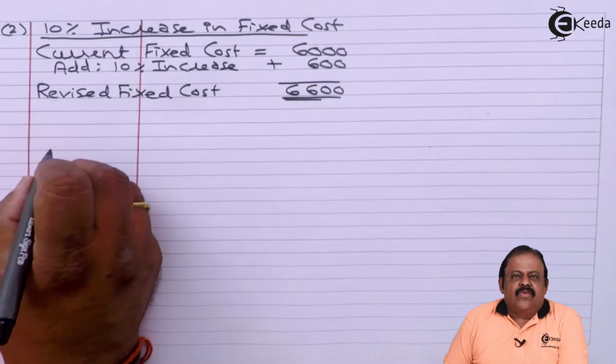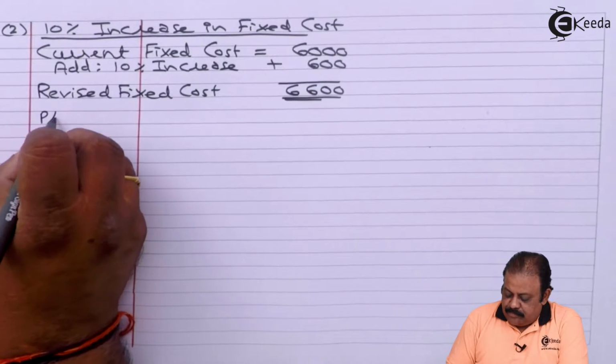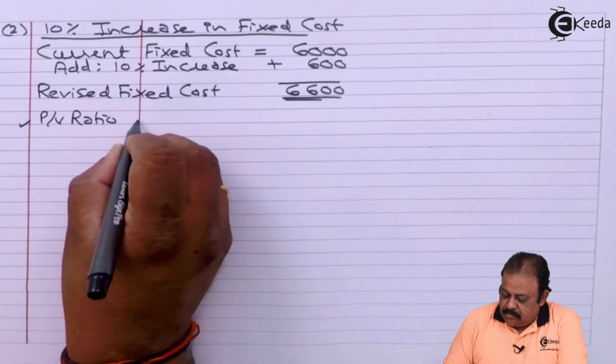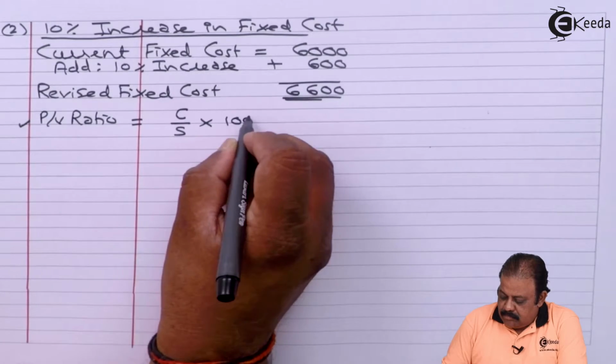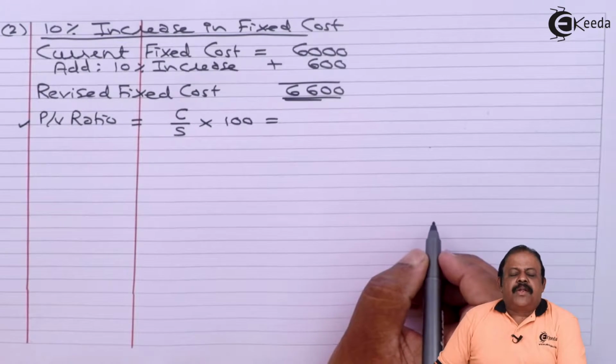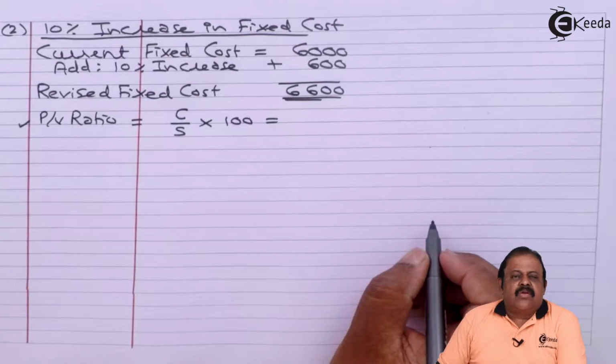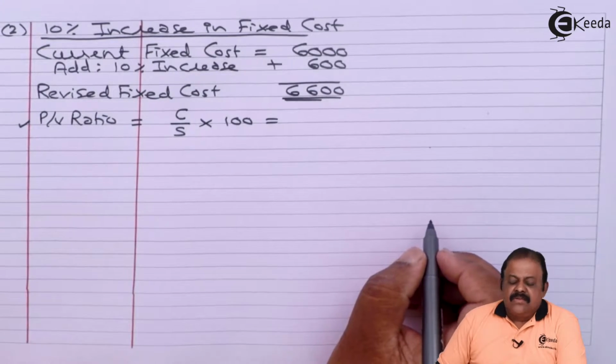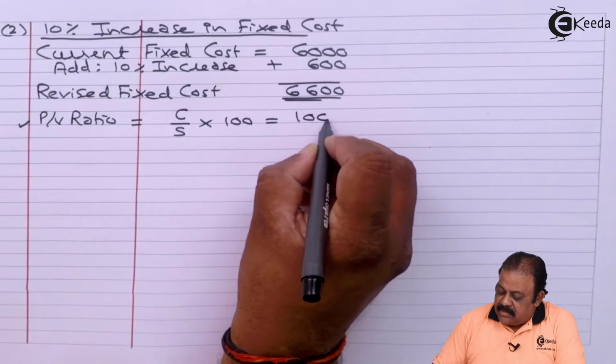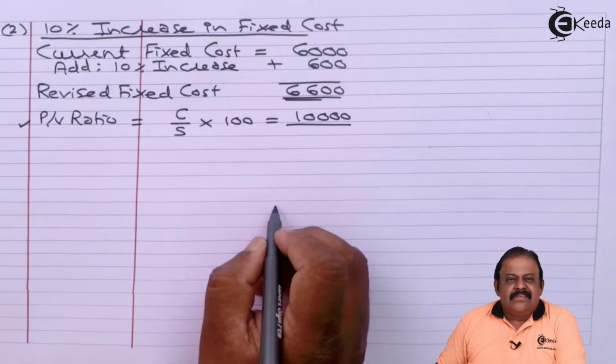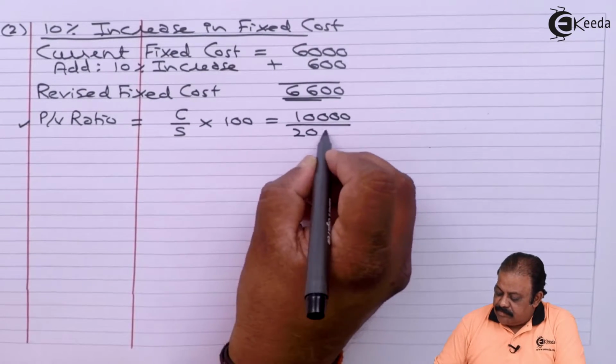Now we are required to calculate PV ratio. There is no change in contribution amount because there is no change in variable cost, no change in sales. Contribution remains same, 10,000. Sales remain same, 20,000.